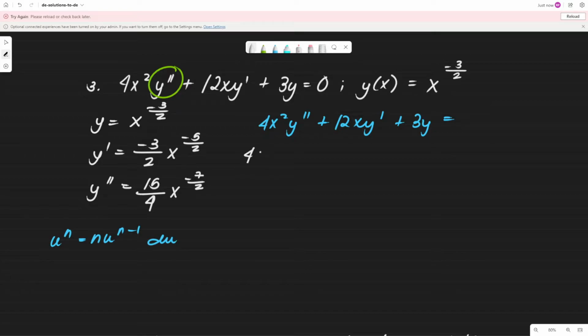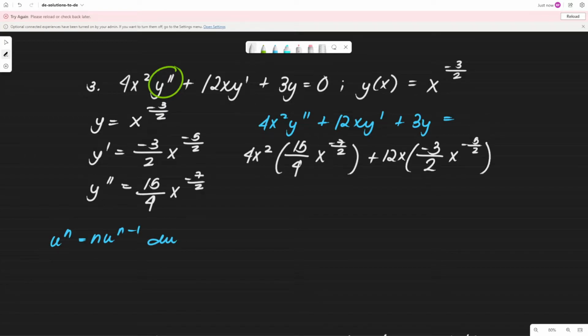So we have 4x squared, we have our y double prime is equal to 15 over 4 x raised to negative 7 over 2. Then we have plus 12x times, what is y prime? That is negative 3 over 2 x raised to negative 5 over 2. Plus 3 times x raised to negative 3 over 2 is equal to 0.